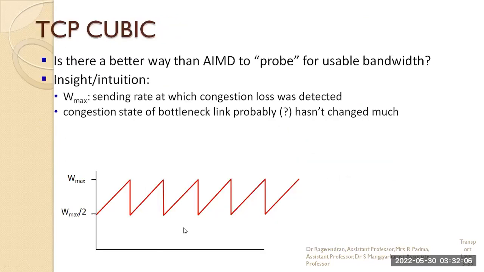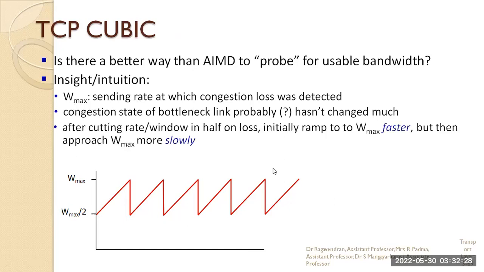This is TCP CUBIC, and we have already seen AIMD, so the same occurs here. Is there a better way than AIMD to probe for usable bandwidth? Wmax is the sending rate when congestion loss was detected.